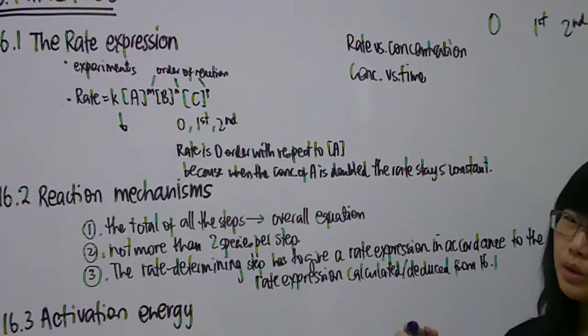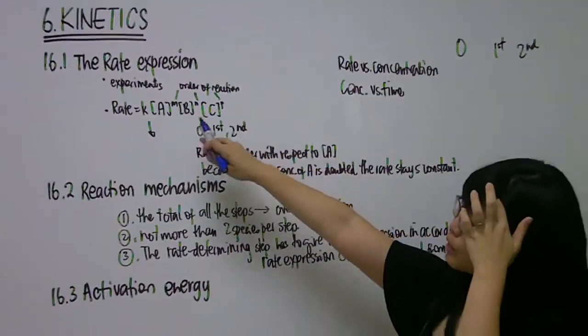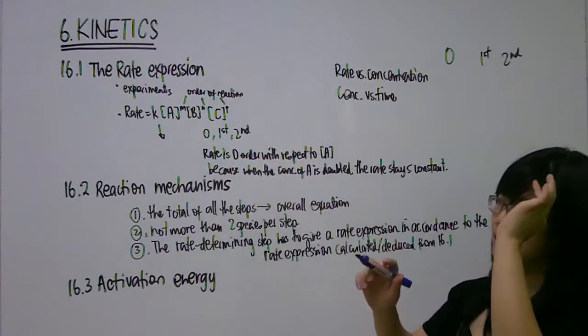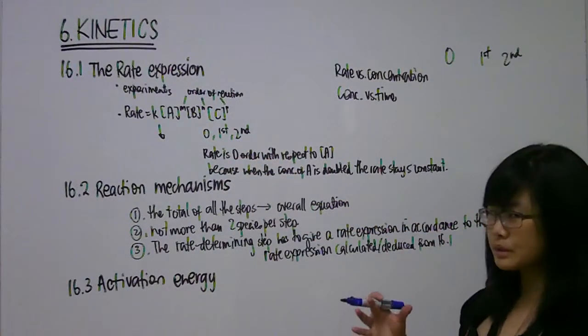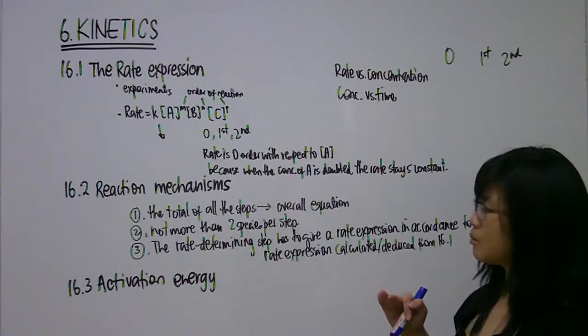So usually they will give you data, and then you will find the rate expression first, what order, and then the reaction steps that you propose, okay, must also give the same rate expression.